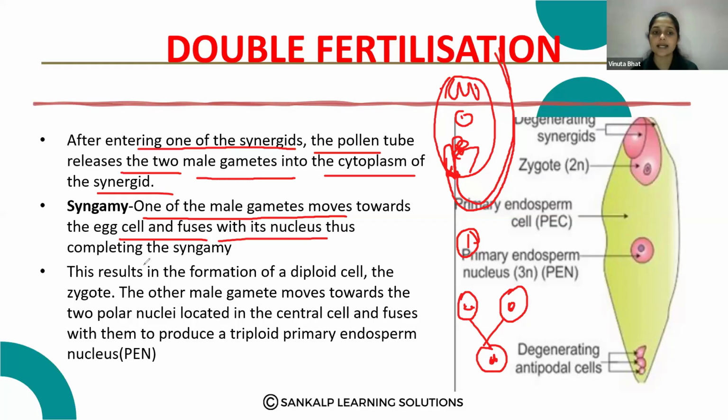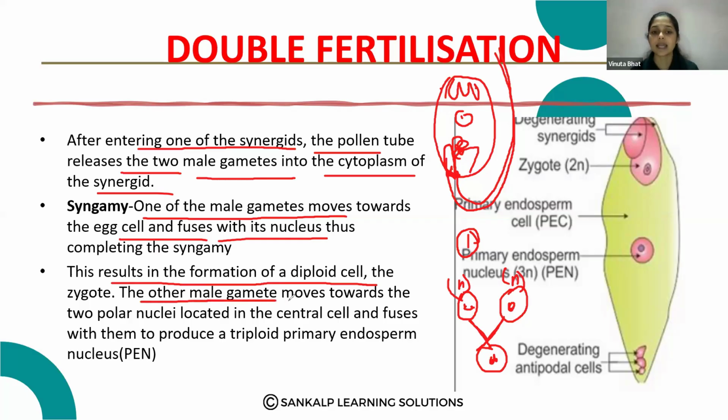So that is called syngamy. This results in the formation of the diploid cell, since the male gamete is haploid and the female gamete is also haploid.